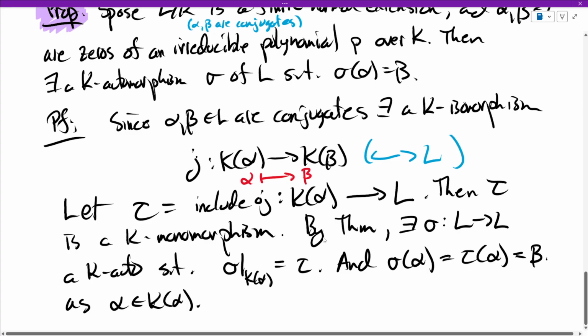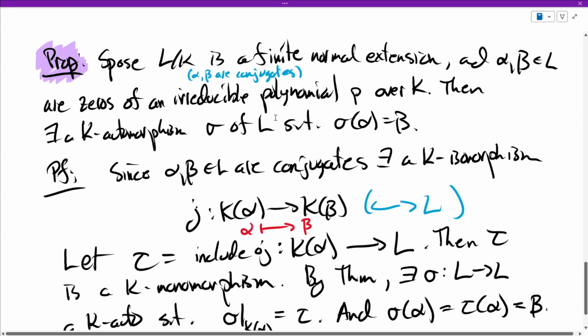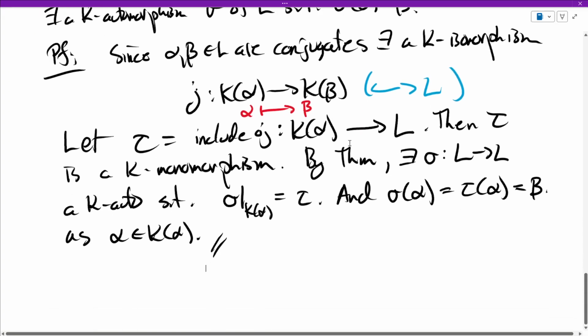So what we're learning, that's the end of the theorem, is that when you have a splitting field, let's suppose for a second that the splitting field of an irreducible polynomial, so alpha and beta are roots of the same irreducible polynomial, and we just adjoin the roots of the same irreducible polynomial, then there's always an element of the Galois group that sends any root to another root. Okay?